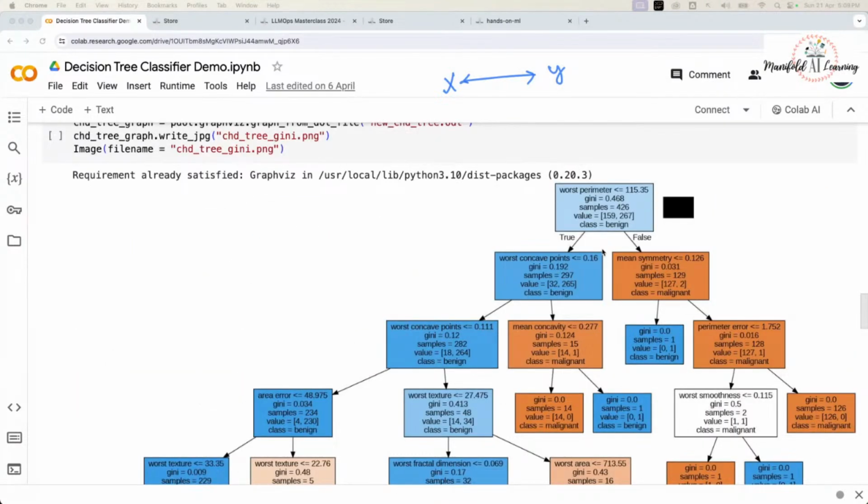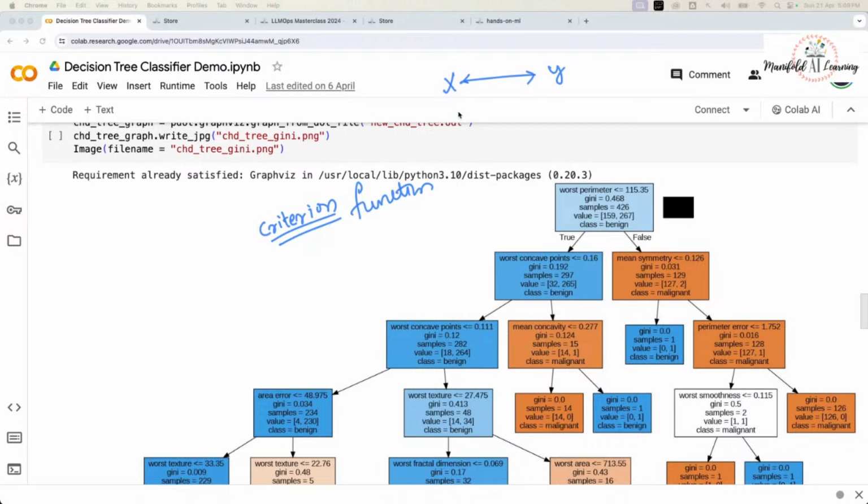Now the question is, how does this tree get constructed when we have a given data set? The way this tree gets constructed is with the help of the criterion function. Some people will also call it a loss function.